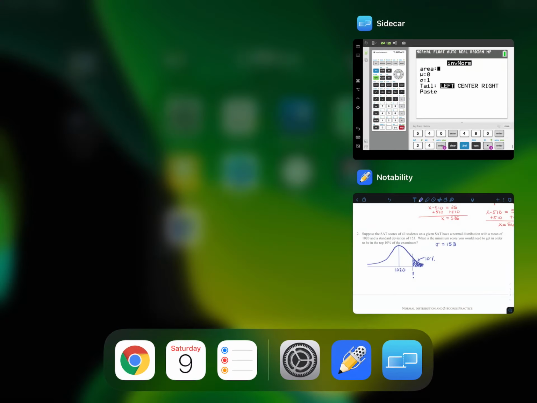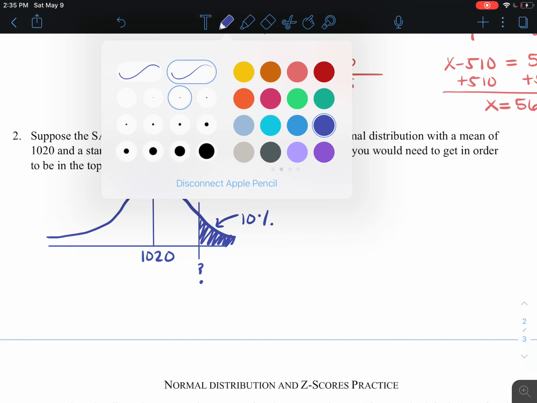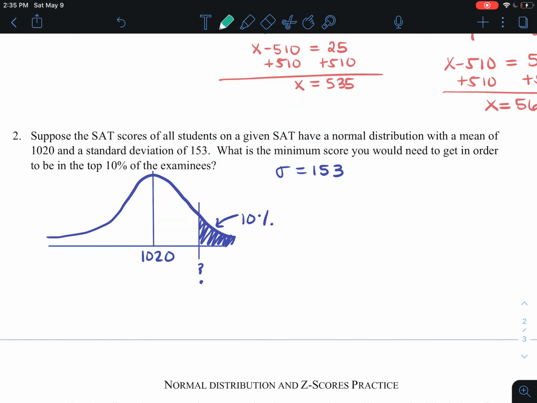And what this is asking me for, I'm just going to come back here for a second. It wants to know the area to the left of the score you are trying to calculate. So we're trying to calculate this score. So we want this area. So if this is 10% to the right of this score, then this would have to be the remaining 90%, right?